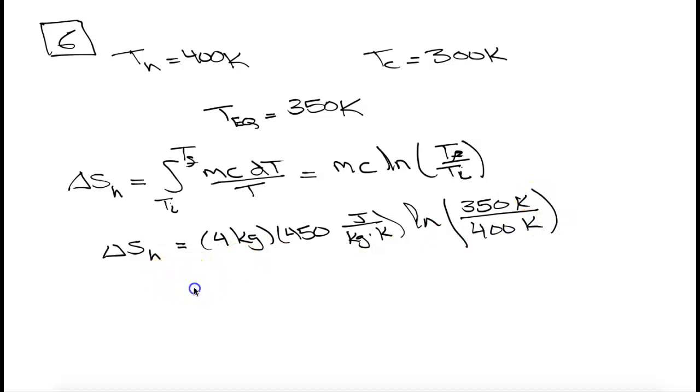If we do this, we get a change in entropy of negative 240.357 joules per Kelvin.